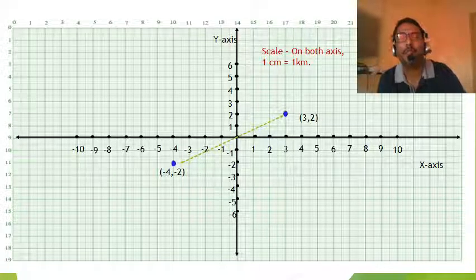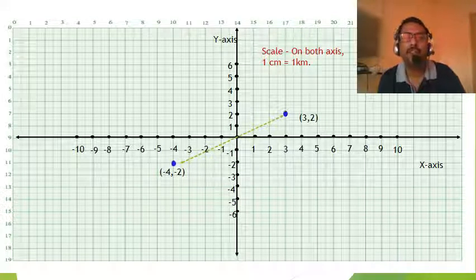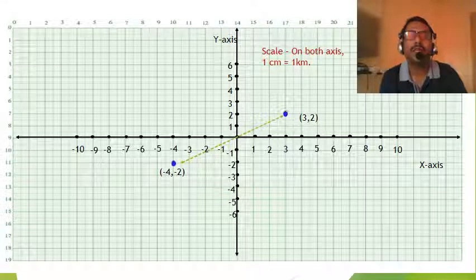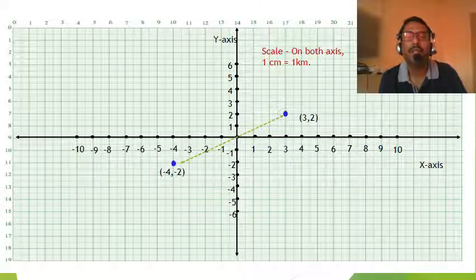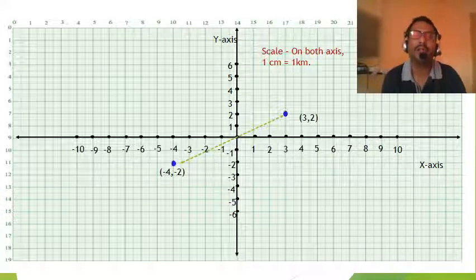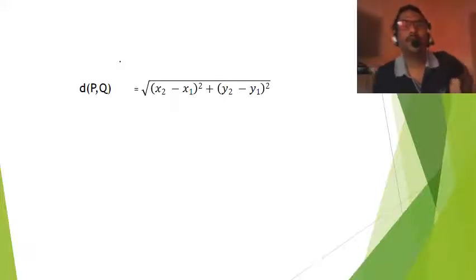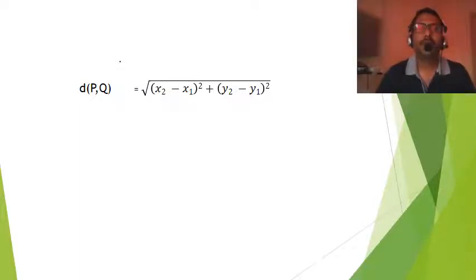Now for the fourth question, we have to calculate the distance between these 2 points. At the initial position the coordinates are 3, 2, and at the final position the coordinates are -4, -2. So we use here the distance formula. Distance PQ equals the square root of (x2 minus x1) whole square plus (y2 minus y1) whole square.